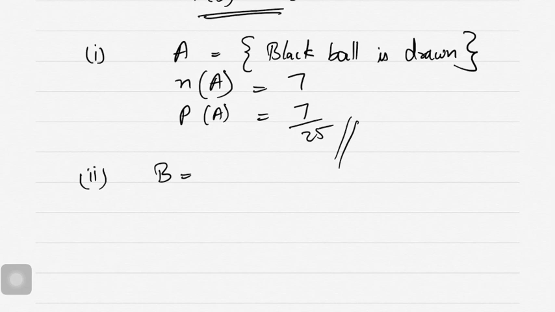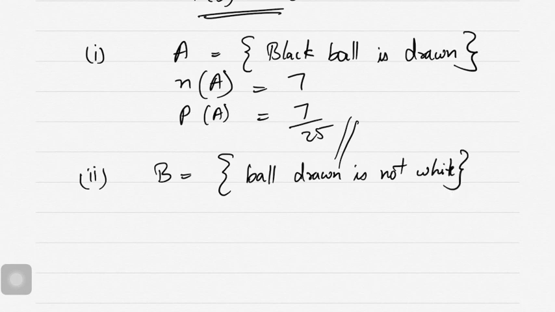Second part, B, ball drawn is not white. That means it is either red or black. That means it is red or black. Correct?